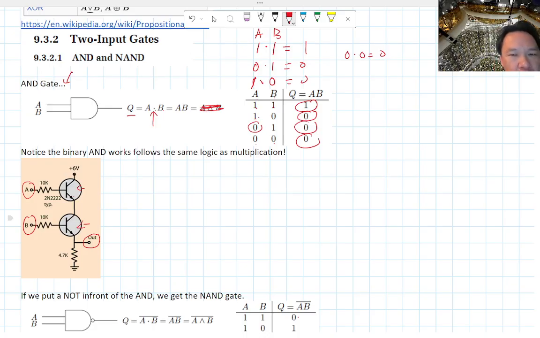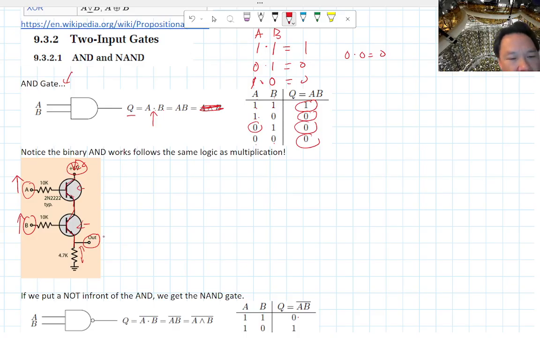The reason this gives you the AND operation is, in order for current to flow through from the VCC, let's call it VCC as opposed to 5 volts, both of these transistors have to be on, so that means both of these inputs have to be high in order for current to flow through.